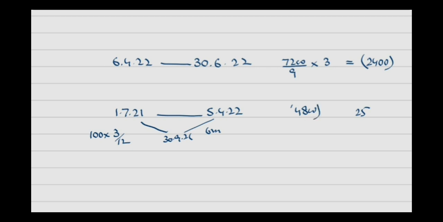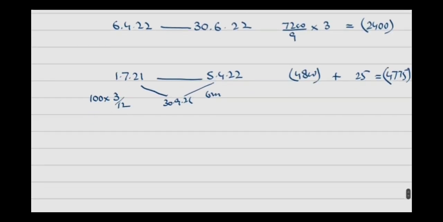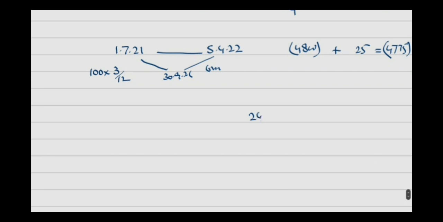So, 4,800 of loss plus 25 of profit gives you a net loss of 4,775. So, these are the losses to be recorded in these tax years. To calculate the total loss, this will be 2,400 plus 4,775 plus 1,800 of overlap profit. This will be 8,975 of total loss.